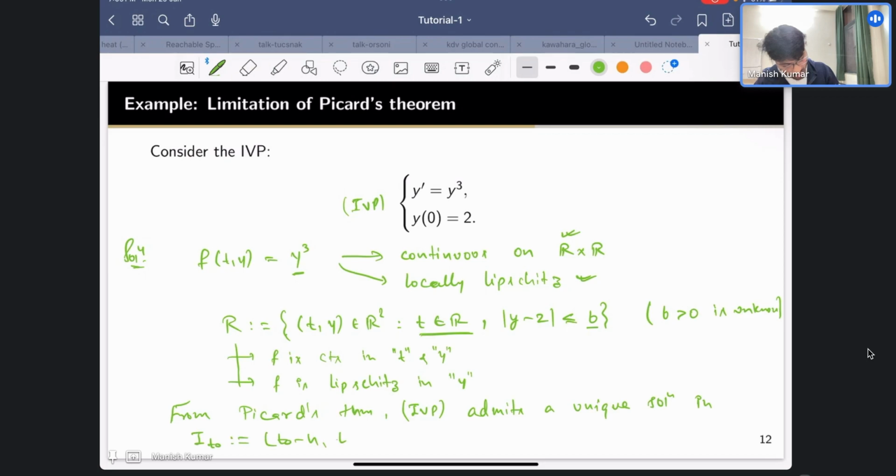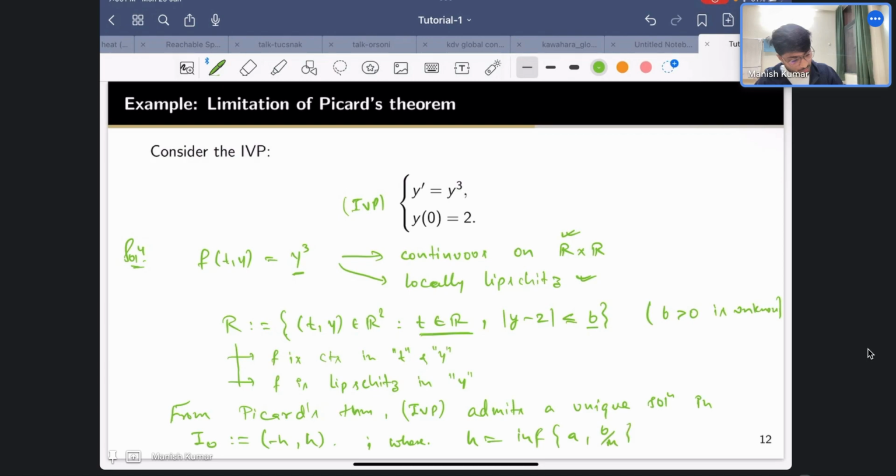So t naught over here is 0, so let me write 0 minus h to h, right? And where h is given by, if you recall, the infimum of a and b by m.